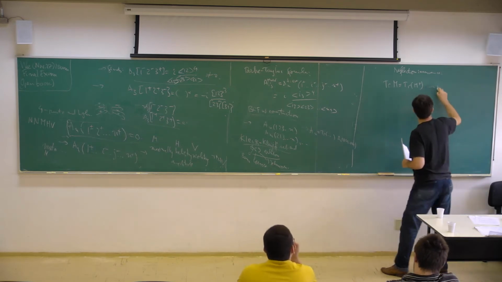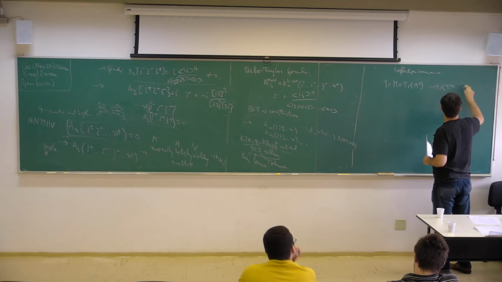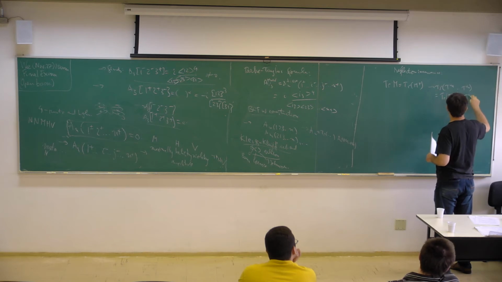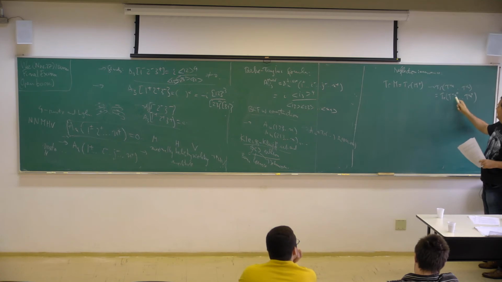So the trace of T^{a1} through T^{an} is equal to the trace of its dagger, and in the dagger I have the opposite order. So I have the trace with an order equal to the trace with the opposite order.